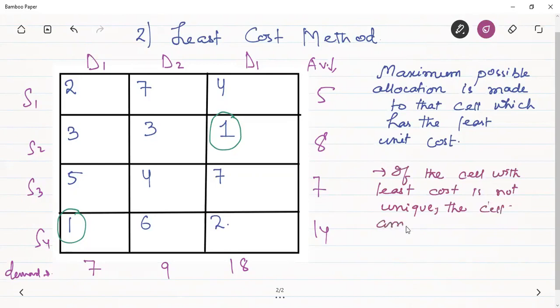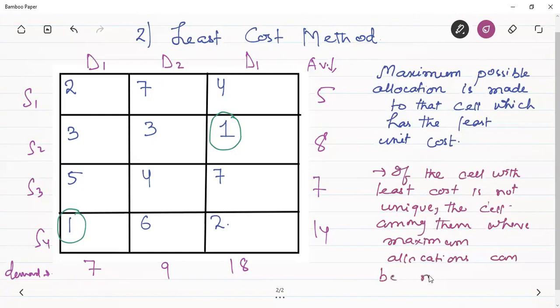The cell among them, okay, among these two, the cell among them where maximum allocations can be made is preferred.